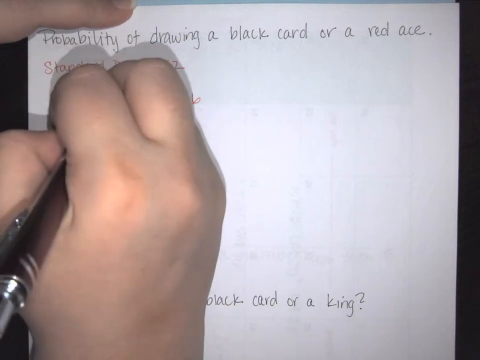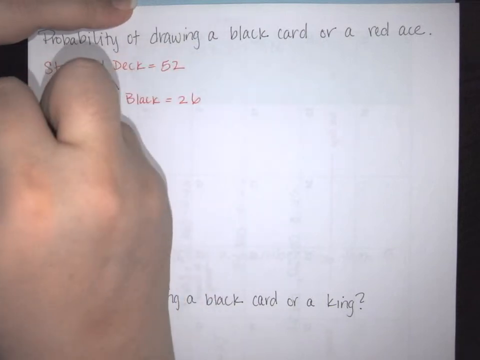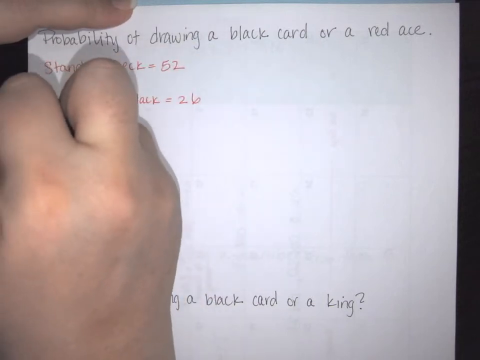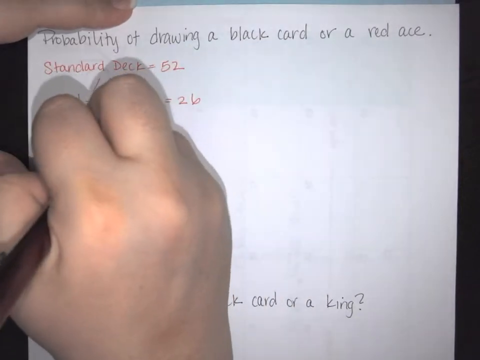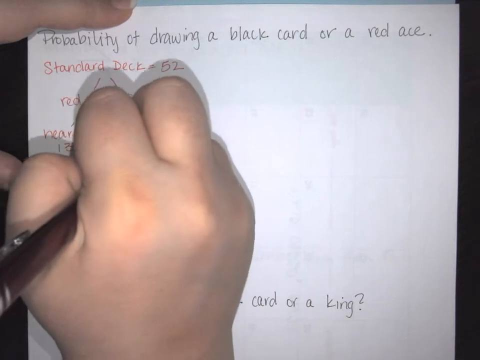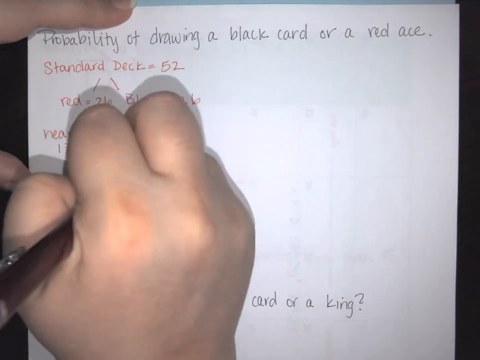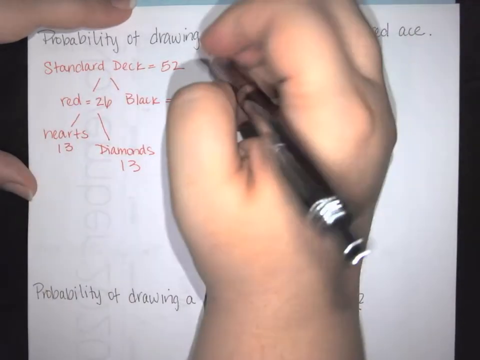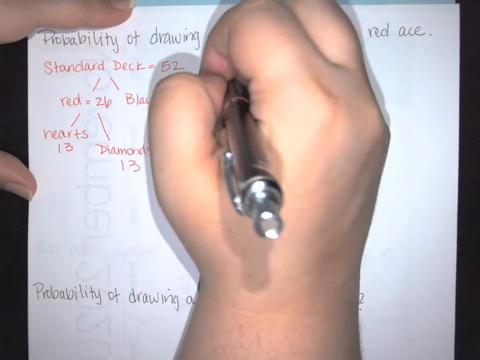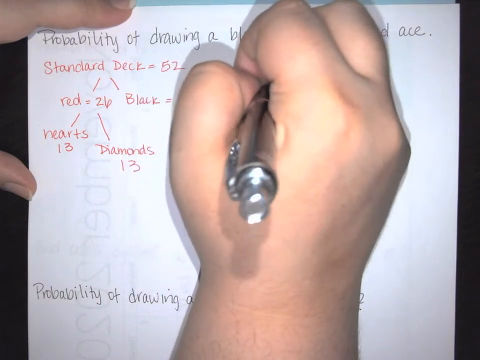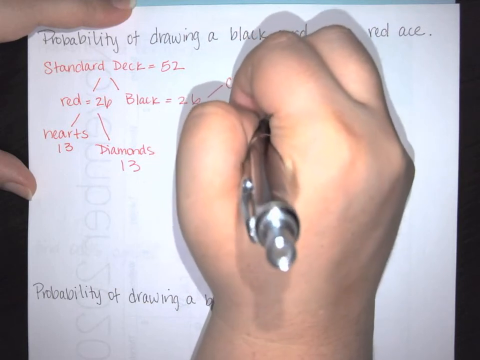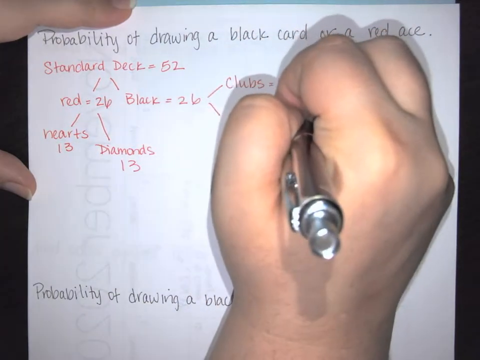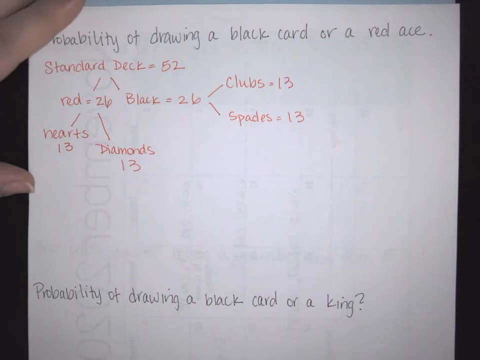My red breaks down into hearts, which has 13 cards, and diamonds, which has 13 cards. And then the same with your black. My black here breaks down into clubs, which have 13 cards, and spades, which have 13 cards. Okay.